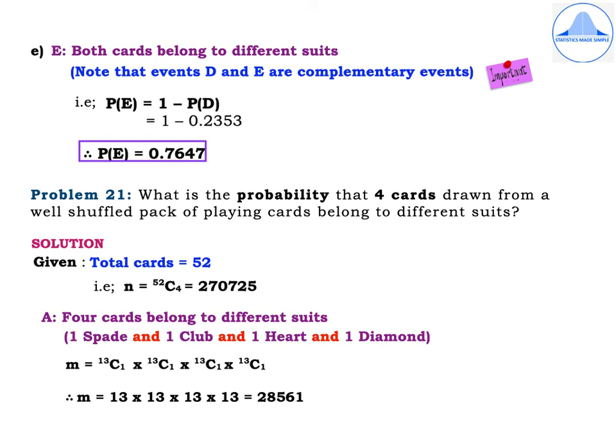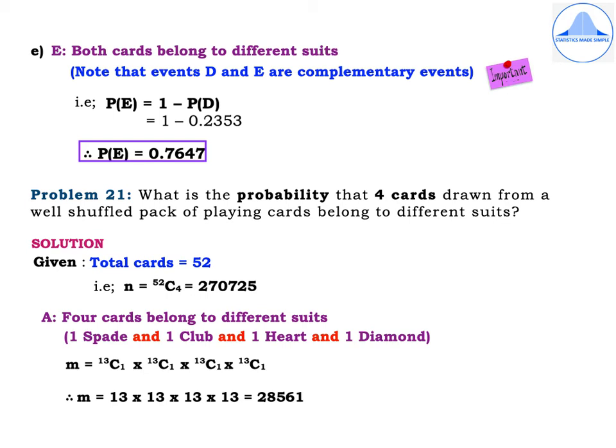Fifth subdivision, define event E as both cards belong to different suits. Now note that events D and E are complementary events. Recollect that event D was both cards belong to the same suit, and now we have event E as both cards belong to different suits.